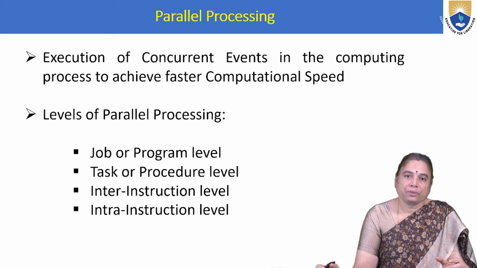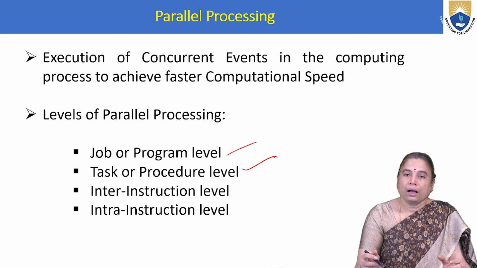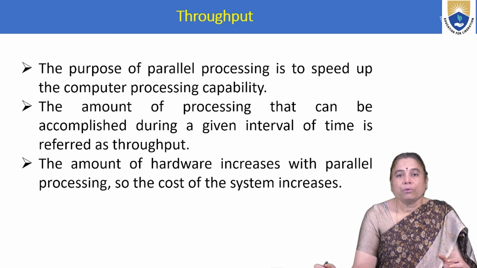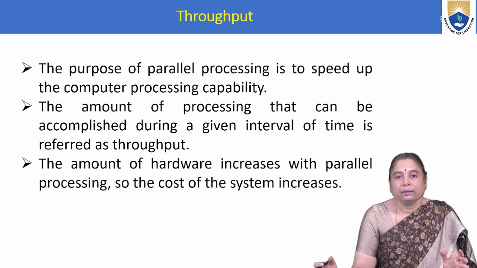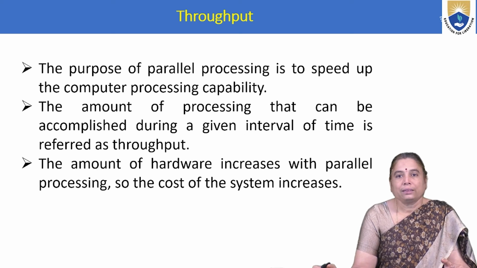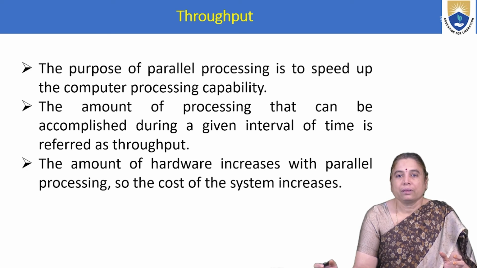This parallelism can be applied at the job or program level, at the task or procedure level, at the inter-instruction level, or at the intra-instruction level. Generally, the amount of work done by the system, that is the number of instructions executed per unit of time, is considered the throughput.